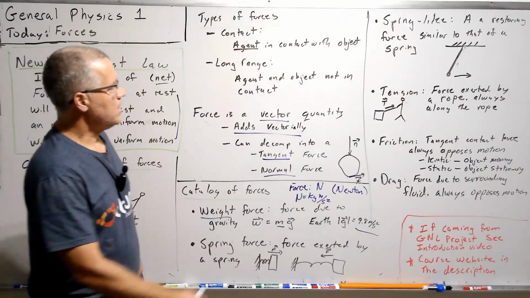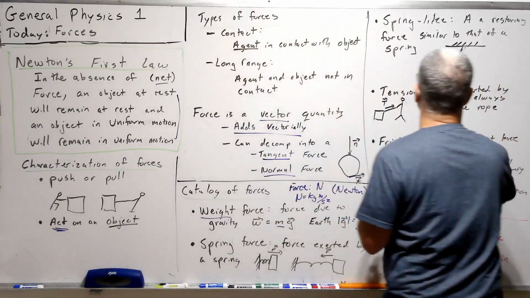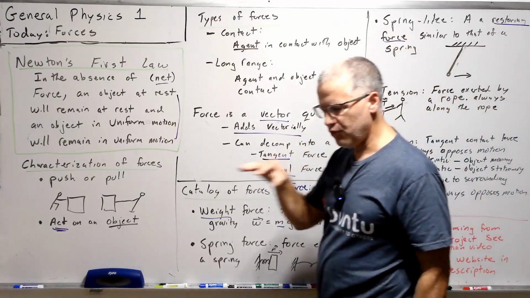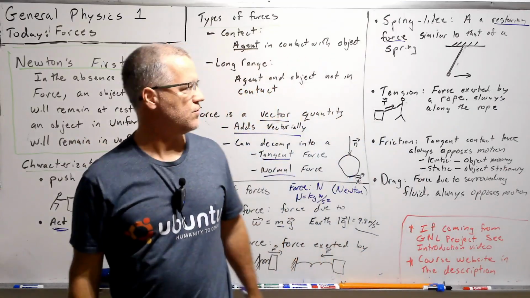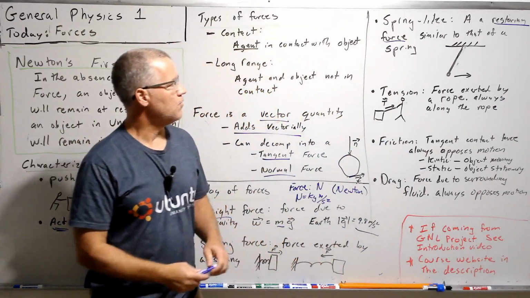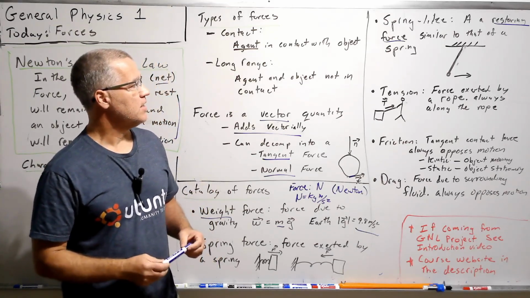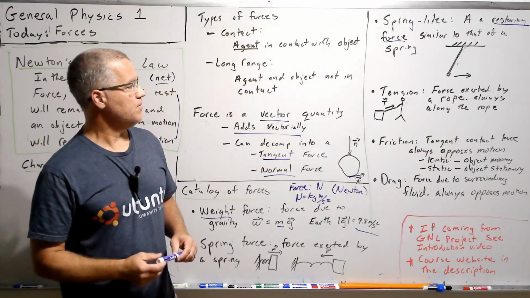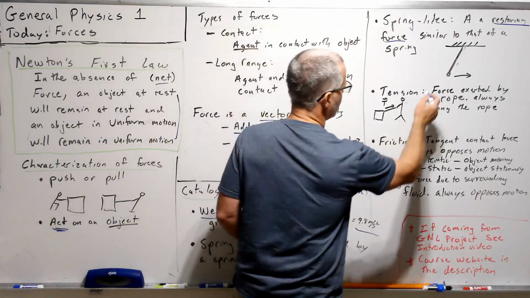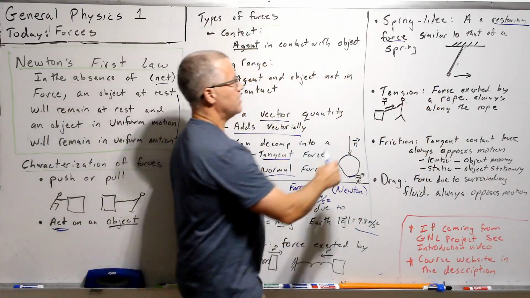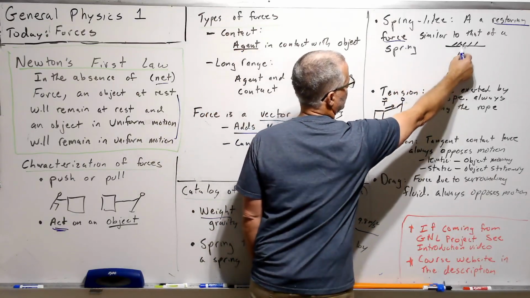Okay, well, restoring forces are more general. Really, any force that's trying to push something back or pull something back to an equilibrium position, in that general category, we'll call a spring-like force. A pendulum is a good example. We have a mass on a string here that wants to sit straight down.